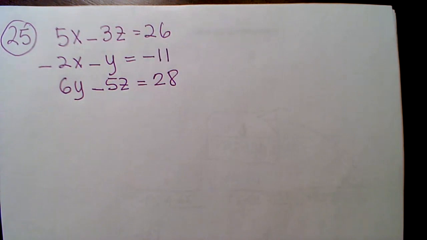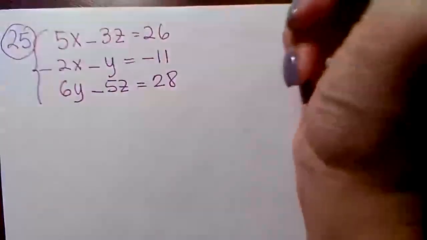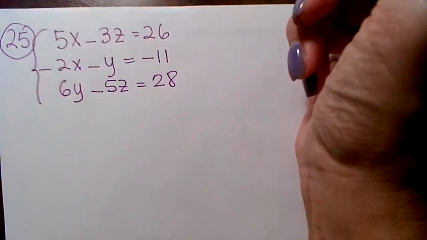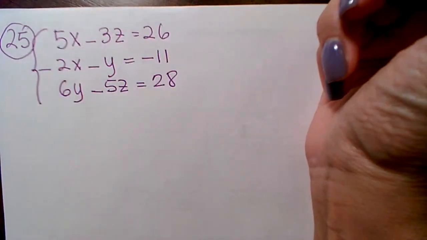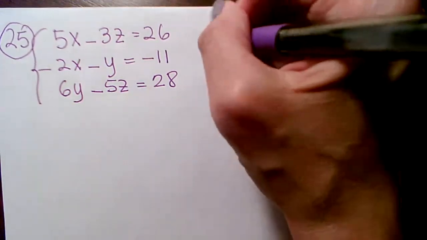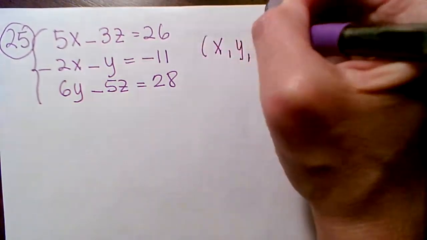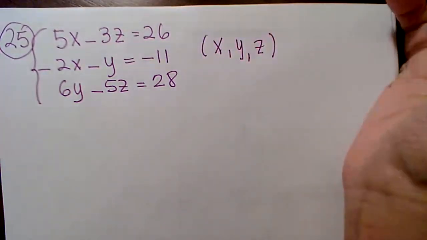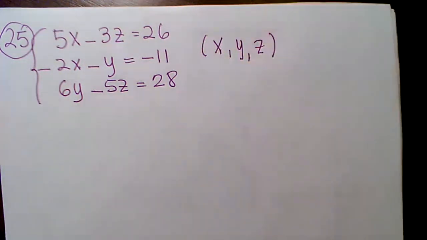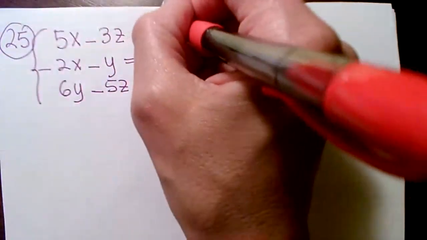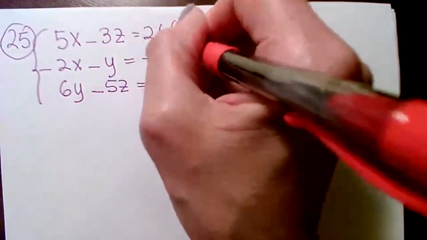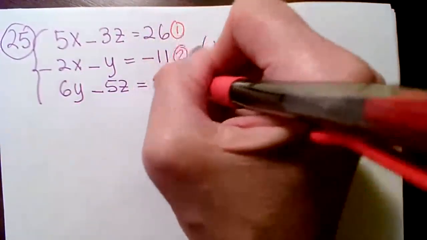All right, that's what we have, and they want us to find the x, y, and z. All right, so I'm going to number the equations. This is equation 1, 2, and 3.